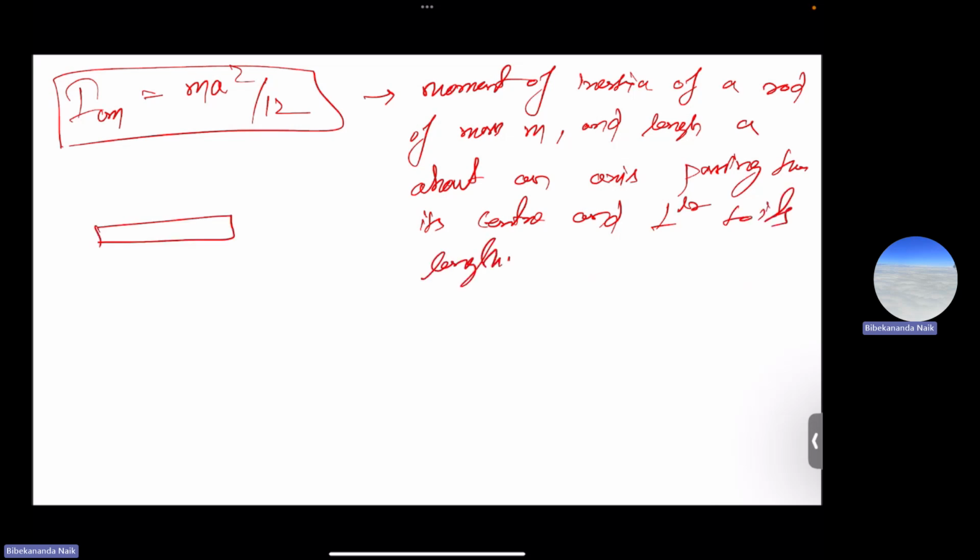That is, if this is the rod, then this is the value of I CM.